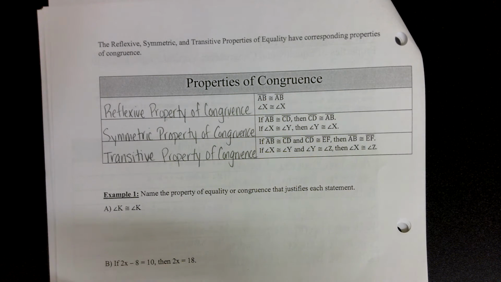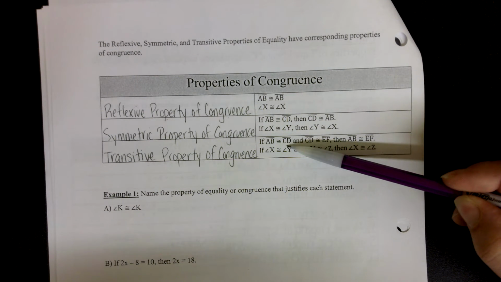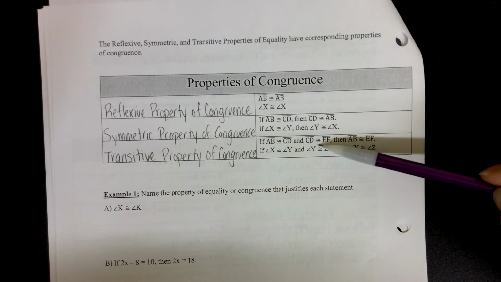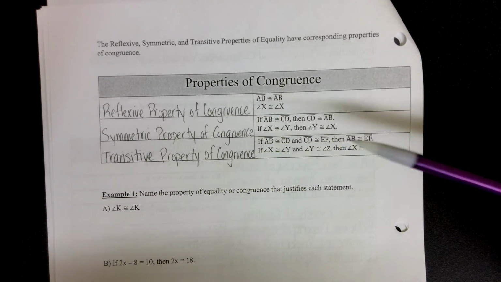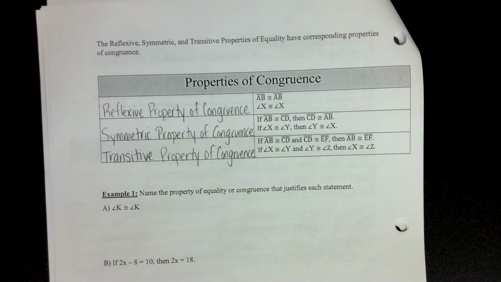If segment AB is congruent to segment CD, then segment CD is congruent to segment AB. And then you have the transitive property of congruence. If segment AB is congruent to segment CD, and segment CD is congruent to segment EF, then segment AB is congruent to segment EF.